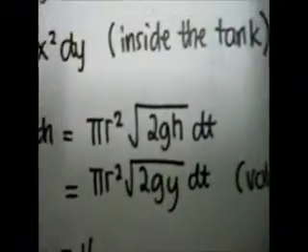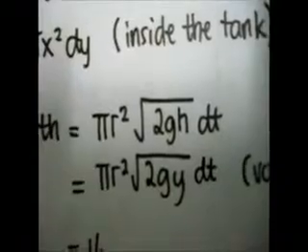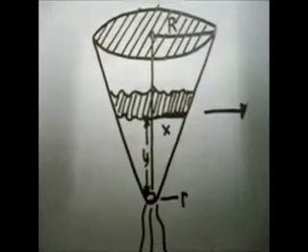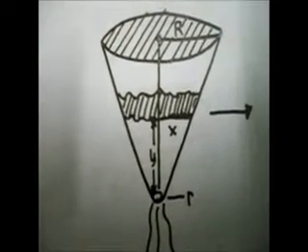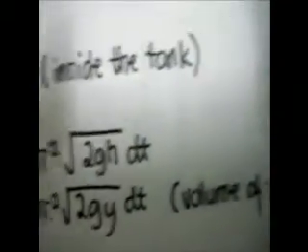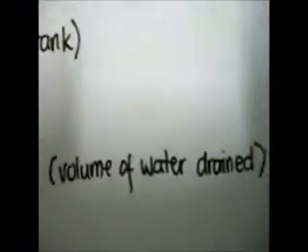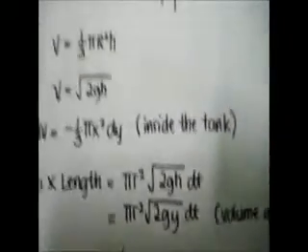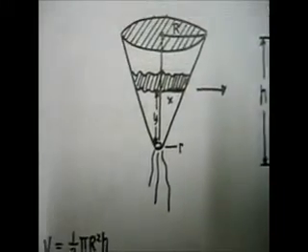So h here is replaced with y. Why? Because h is decreasing at time t, so it is not constant, so we have it replaced with y.